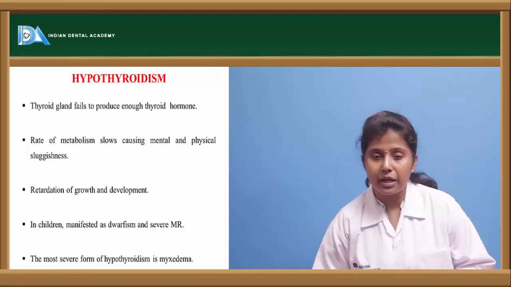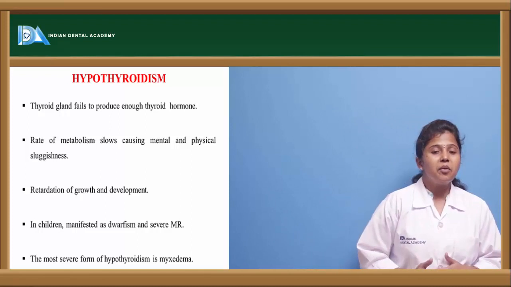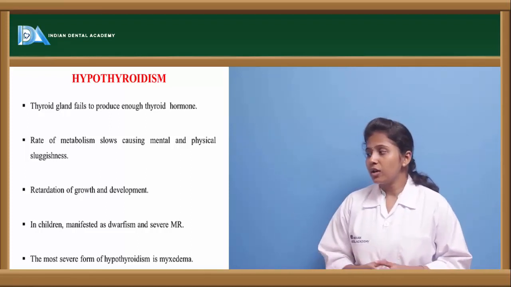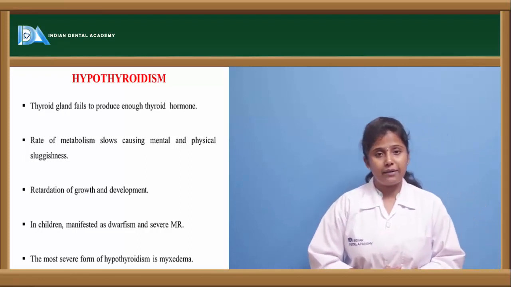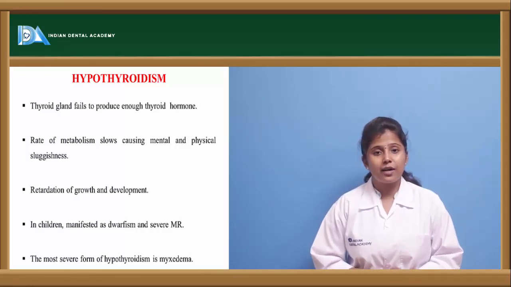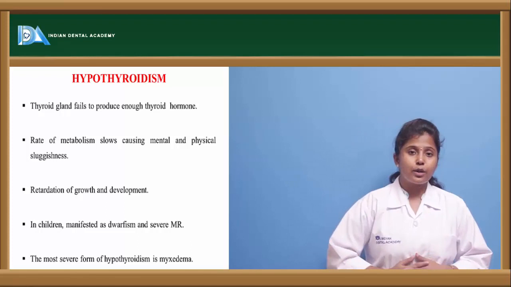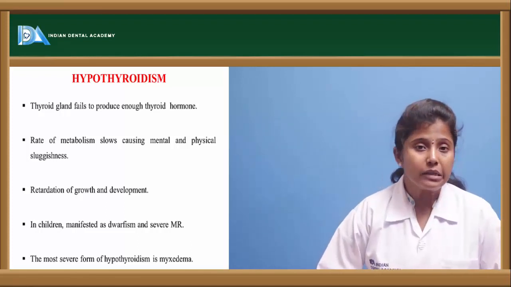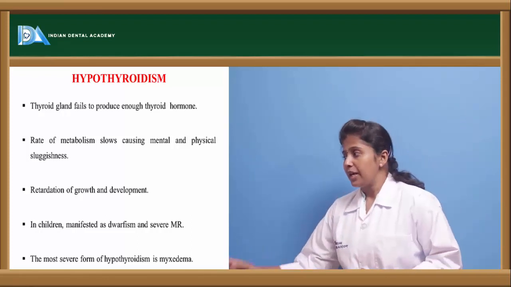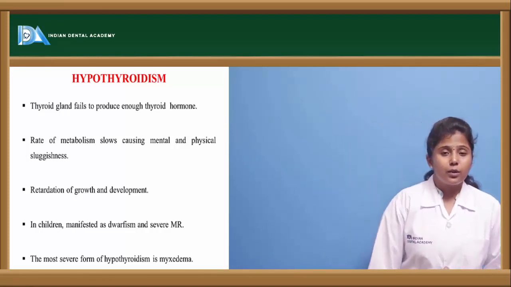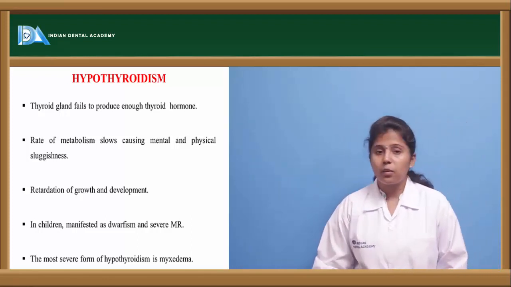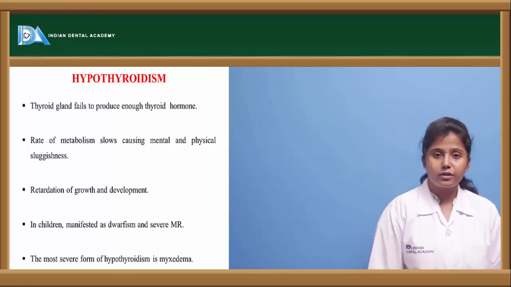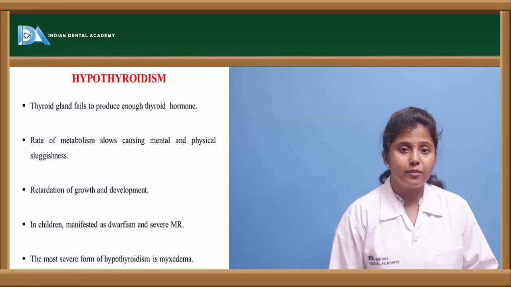Once the metabolic rate slows down, the person becomes fatigued, weak and lazy, and it causes retardation of growth and development. As thyroid hormone increases growth, once its secretion is lowered, it leads to retardation of growth, leading to a condition called dwarfism. In children, we can observe dwarfism and severely low metabolic rate. The most severe form of hypothyroidism is myxedema, that is, swelling of the tissue.